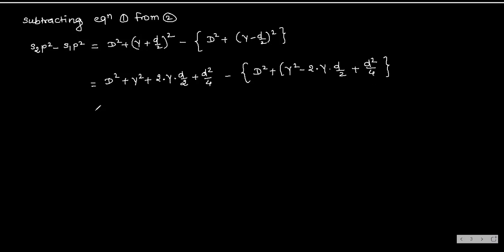Now this is going to be D square plus y square plus, this 2 and 2 will get cancelled, this is just yd plus d square by 4, minus capital D square, and with this minus, this is minus y square, then minus minus is going to be plus, again here 2 is going to cancel, so this is again plus yd because I am multiplying with the minus, and again here it is minus d square by 4. Okay, right.